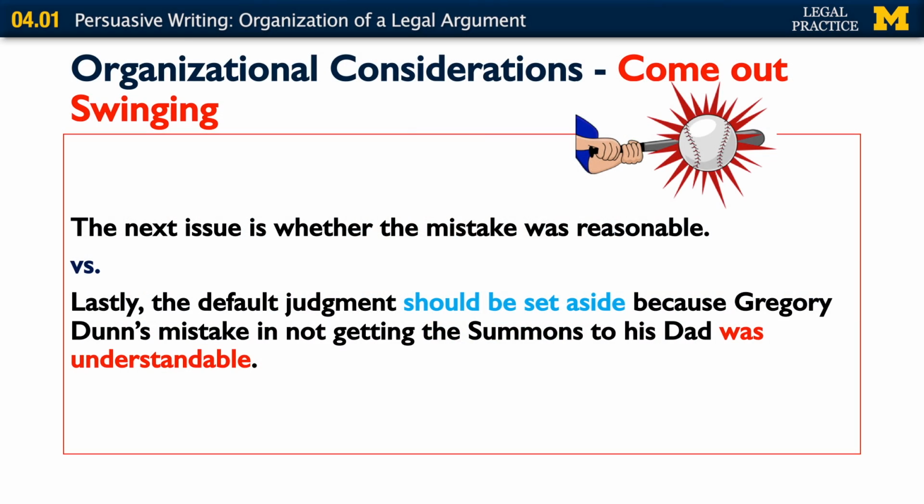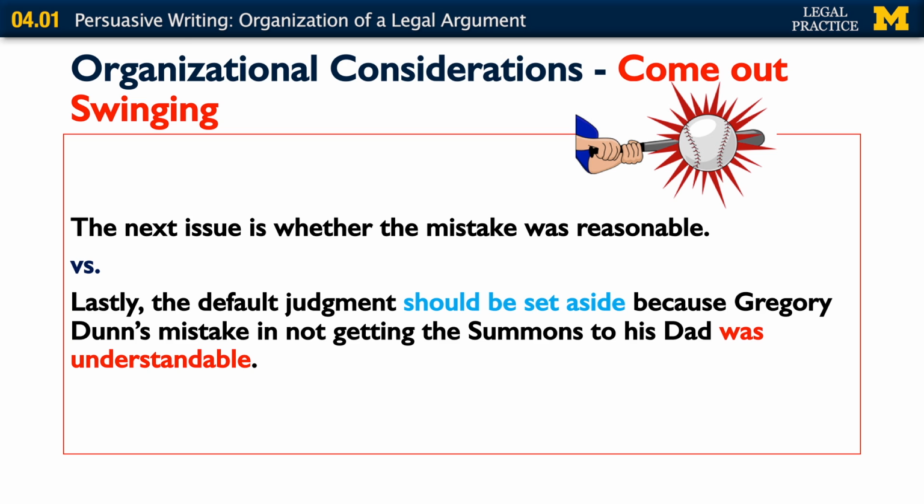Regardless of which organization you use for each of your legal arguments, there are some points to keep in mind. First, you don't want to start a legal argument with a topic sentence with, for example, the next issue is whether the mistake was reasonable. That's a waste of space. That sentence isn't telling your reader enough information.